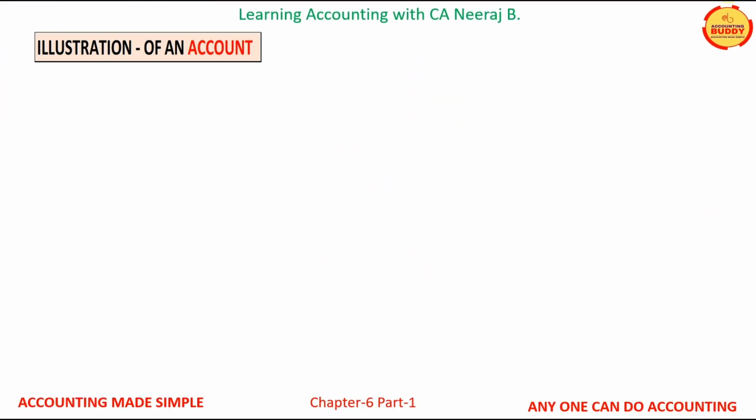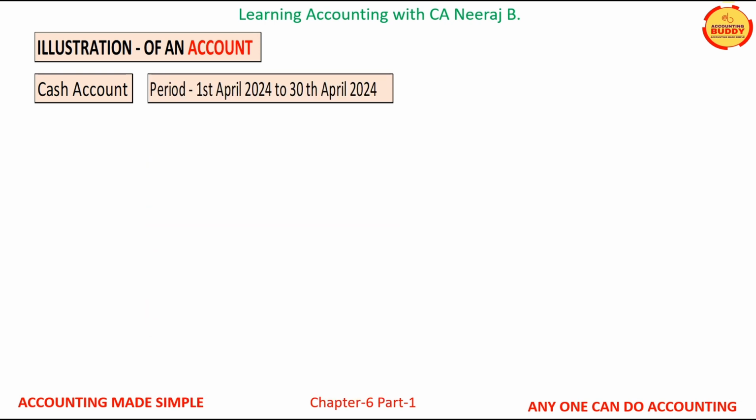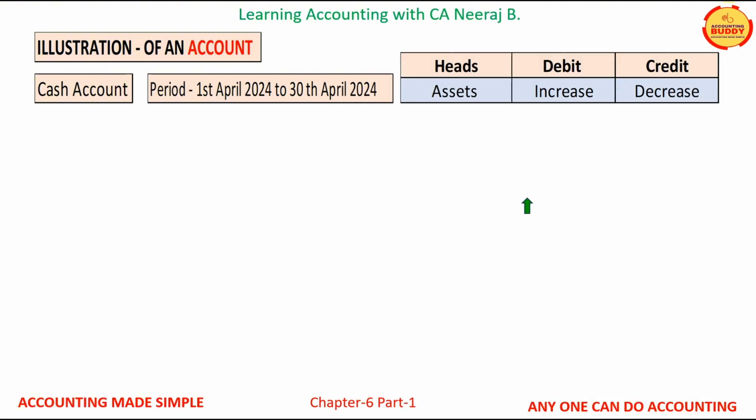Let us understand the term account with an example of a cash account for the period 1st April 24 to 30th April 24. As we know, cash is an asset of the business, and assets when increased are debited and when they are reduced they are credited.